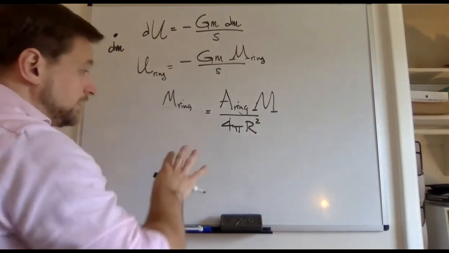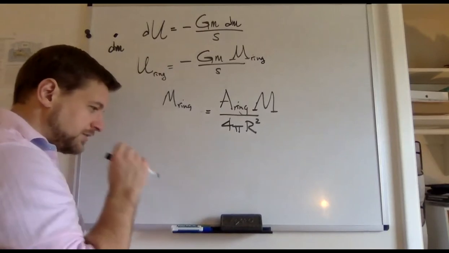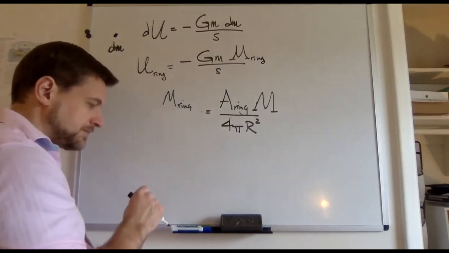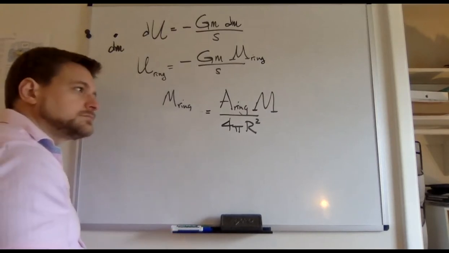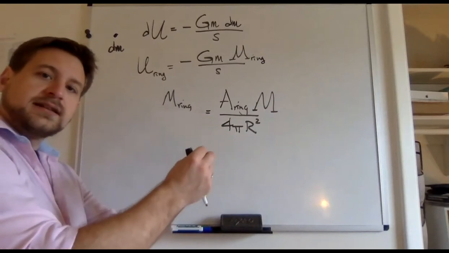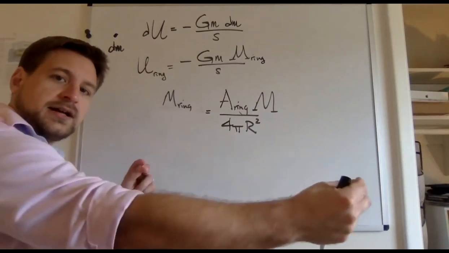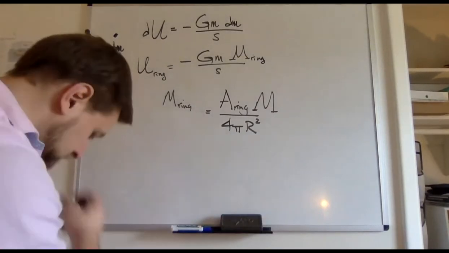Now, the area of the ring is a tricky thing. The area of a strip of paper is its width times its length. Its length, if we cut the ring, that pink ring in the diagram, and laid it out, would be as long as its circumference.